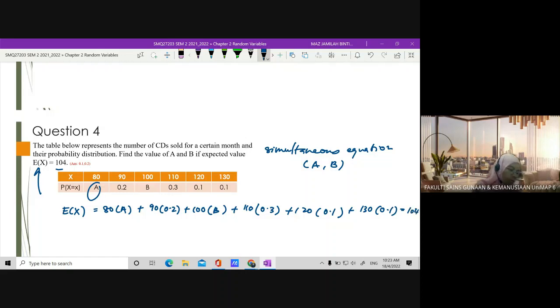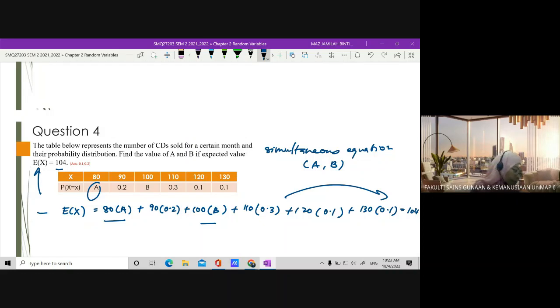So you can solve this. You have A and B. The rest are numbers. All the numbers bring to the right hand side, and then you can get the other answer.